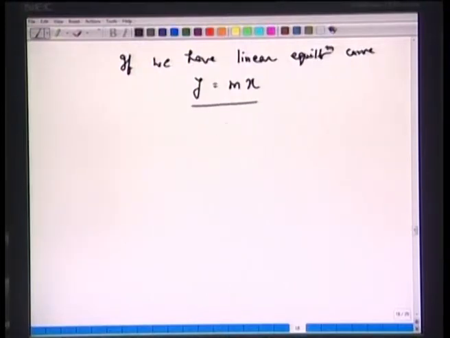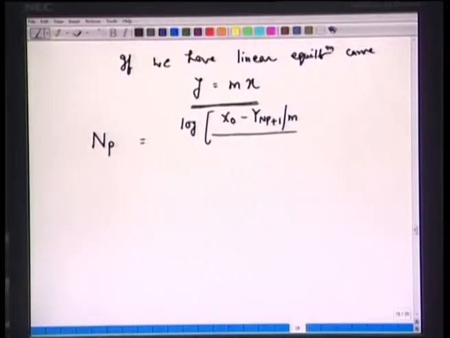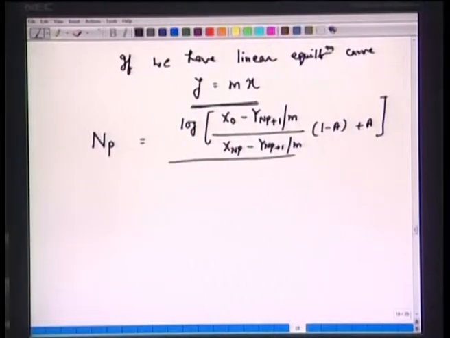Then it is possible to obtain an expression for the number of stages, NP equals log of [(x0 minus y(NP+1) over m) over (xNP minus y(NP+1) over m)] times (1 minus 1/A) plus 1/A, divided by log of A. As we said, you should take this as an exercise to obtain these expressions.